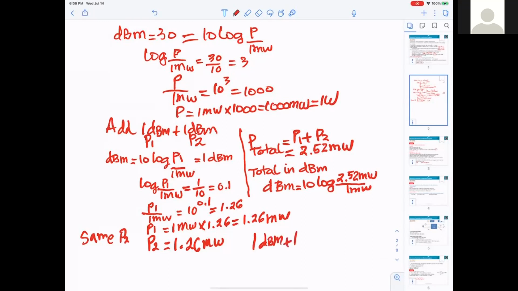Okay, so finally, 1 dBm plus 1 dBm equals... You take the log of 2.52. No, you have to divide it by 1 milliwatt. No, you don't have to. Oh, that canceled out. Yeah. Okay, 2.52. Take the log and times 10.